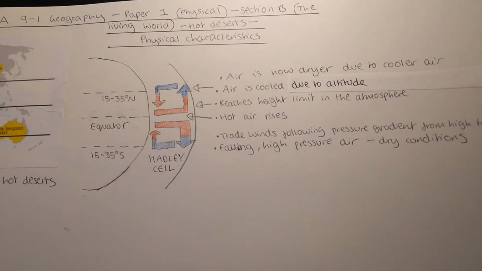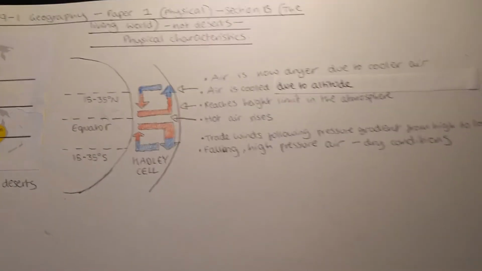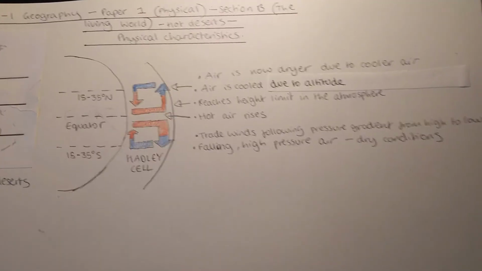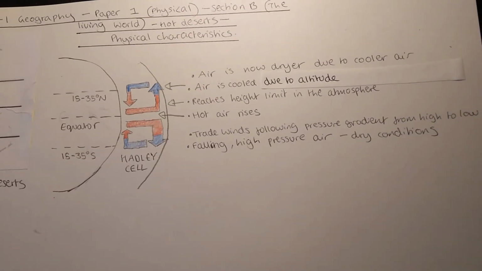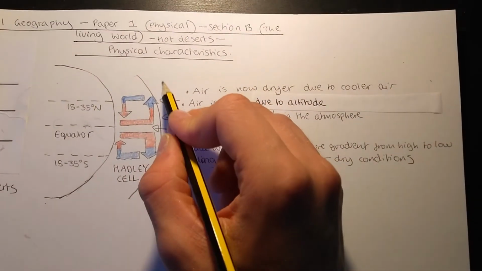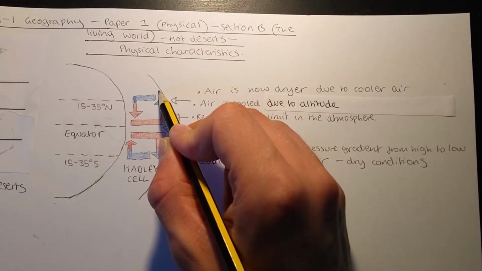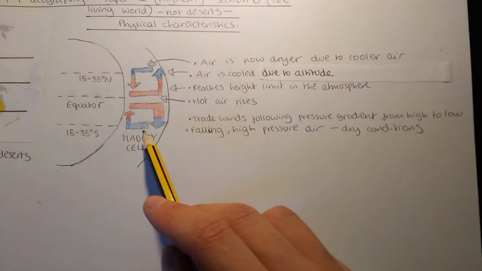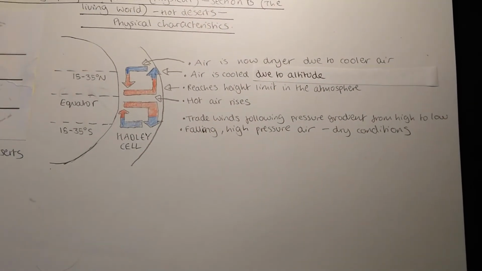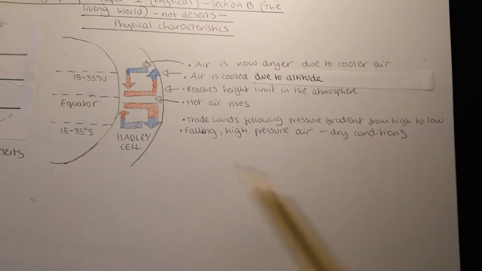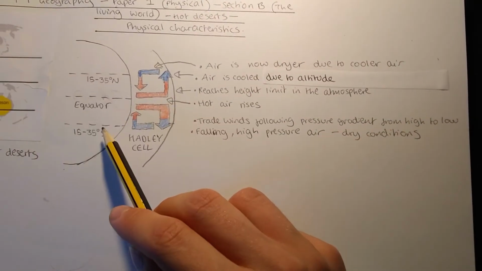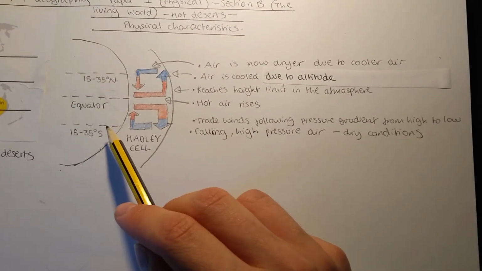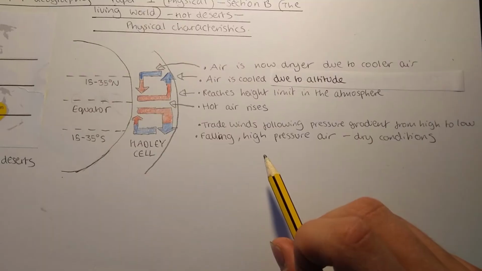And due to the cool air, it means the air is now drier, because cool air contains high pressure, and high pressure air leads to dry conditions. Now the air begins to fall, and falling high pressure air leads to dry conditions on the ground, so where the deserts are, because deserts are dry.